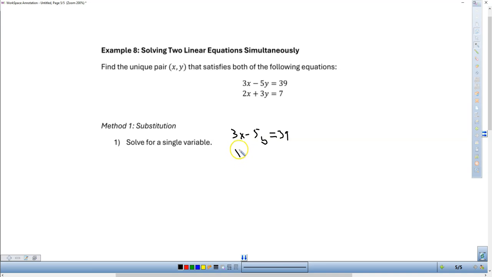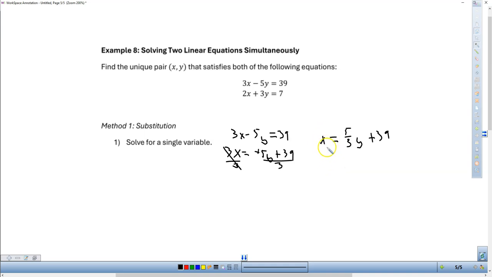That means I get 3x is equal to 5y plus 39, divided by 3. We find out that x is going to be 5/3 y plus 39.